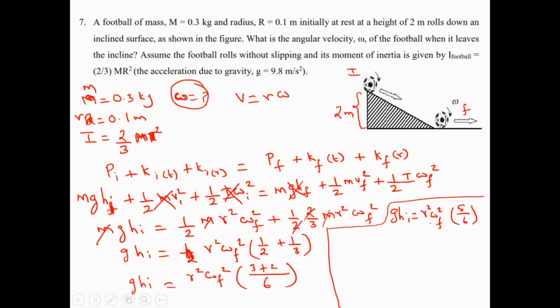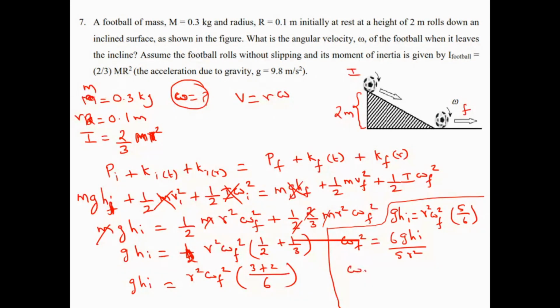Now we are going to find what this omega value is. So I have to rearrange this equation again. Therefore, omega f square is equal to 6 g h initial over 5 r square.